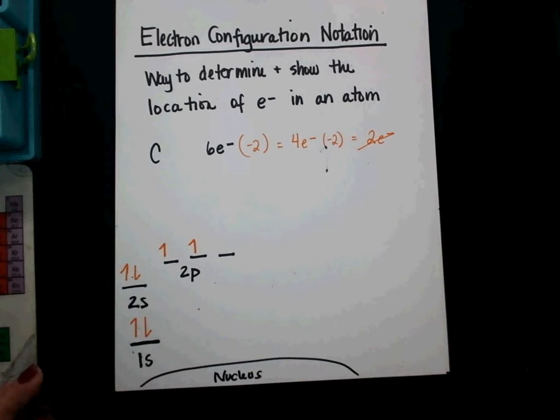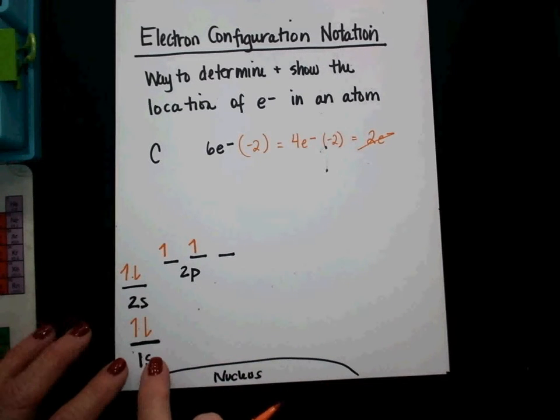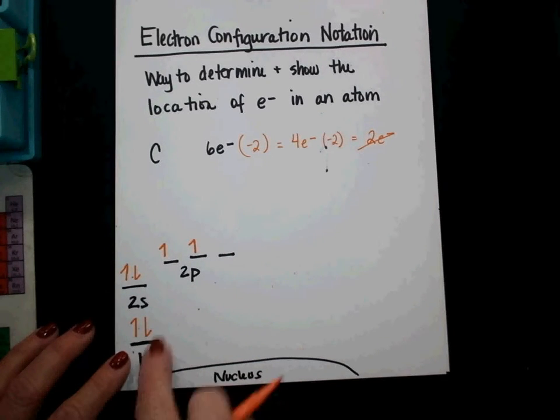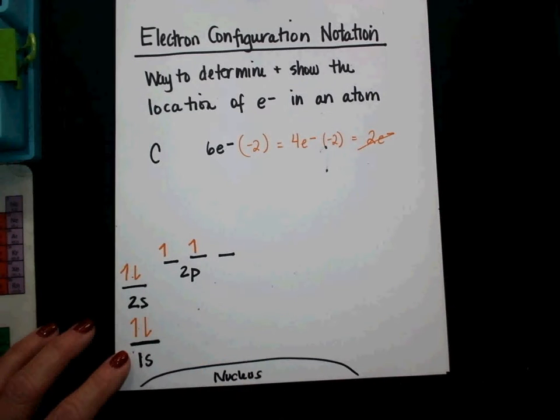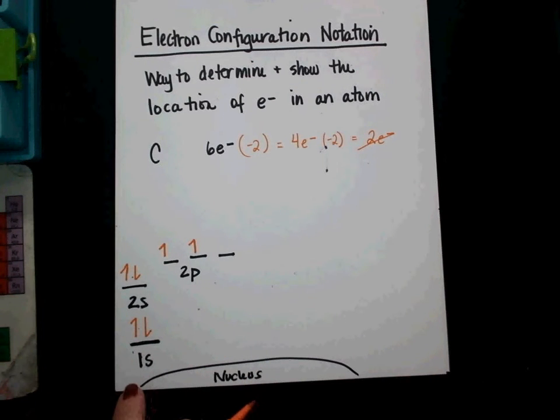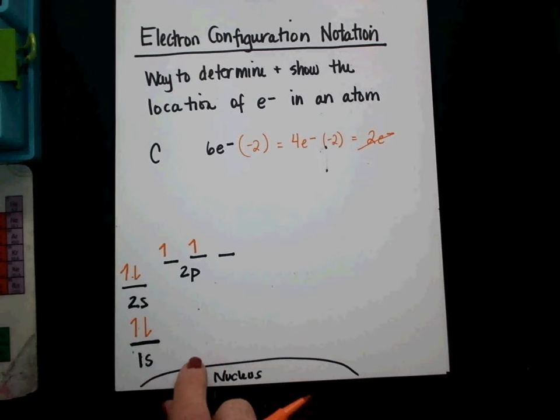So I can look at this and there's lots of information you can get from this. If I didn't tell you it was carbon, you could count the arrows and go, oh, it has 6 electrons. That's carbon. I could say to you, how many electrons are in the first energy level? You would tell me 2. Or I could say, in the S sublevel in the first energy level, how many electrons are housed? I could ask you that.